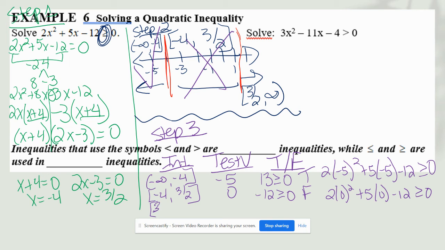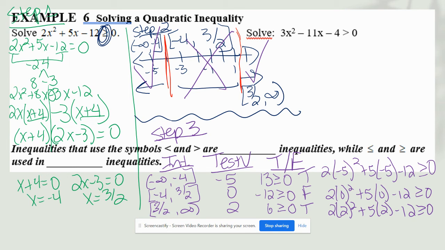Our last part will be 3/2 to +infinity. I picked 2. 2 times 2 squared plus 5 times 2 minus 12 is greater than or equal to 0. I do all this lovely math and I get 6 is greater than or equal to 0, which is true.